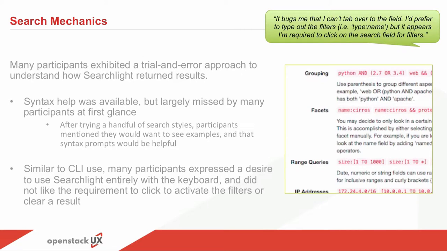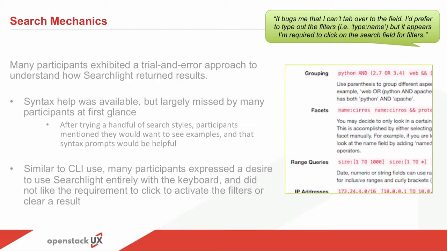Also, regarding the search, it was more about how the mechanics of the search actually went, the syntax, and how people actually performed their search. We observed a lot of participants had a trial and error approach to understand how the search was returning their results.